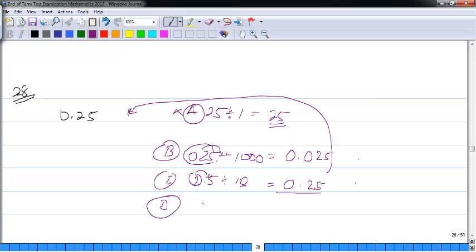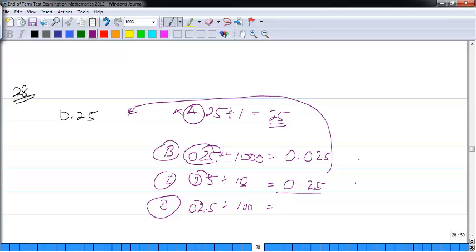So let's go through D. We have 2.5 divided by 100. So we're going to be moving 2 digits over the decimal point to the right. We only have 1, so we need to put another one.